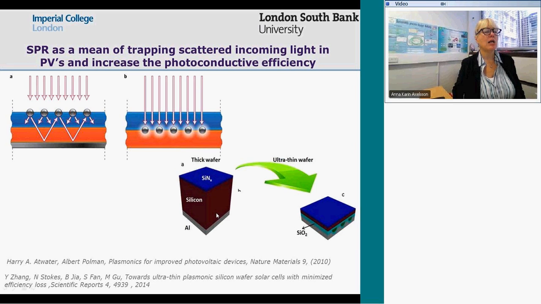When you thin down, the incoming light will be transmitted straight through, the absorption is quite poor, and you lose a lot of the infrared light, so the photon efficiency is heavily reduced. But by utilizing plasmonic structures on the backside of the substrate, you can promote what is called forward scattering, i.e. scattering that encapsulates light that would otherwise have been lost in transmittance.